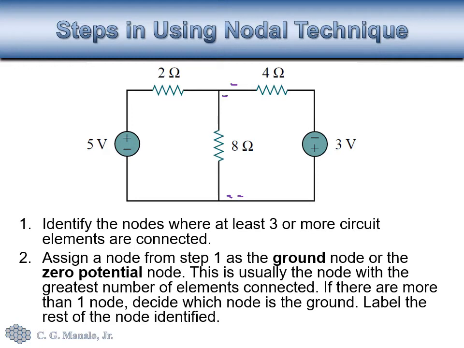So let me use the bottom node as the ground node. When we label a node as the ground node, we usually attach a ground symbol that looks like this. And for the remaining node, we just label it. So let's say this is the node A.